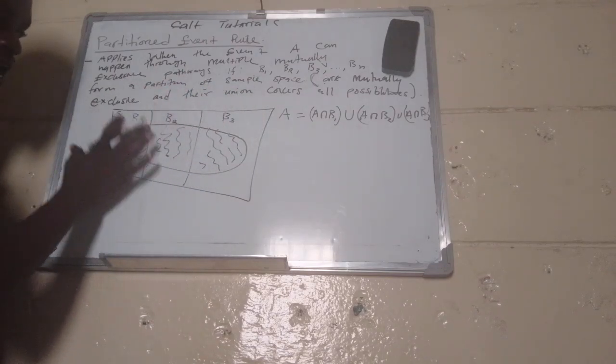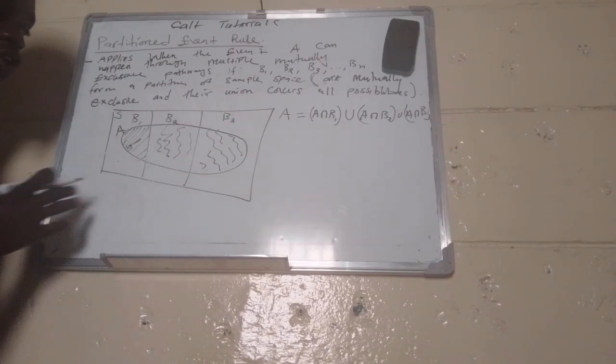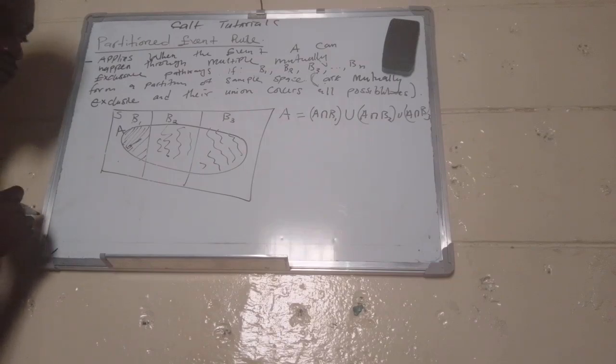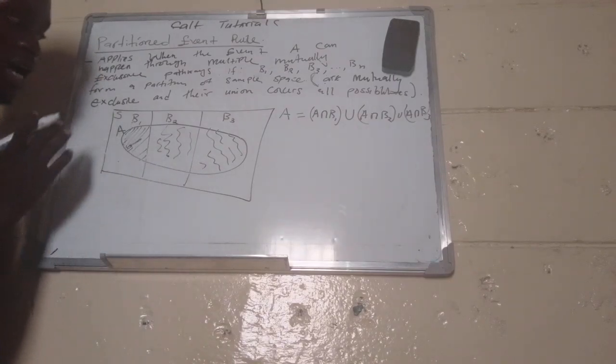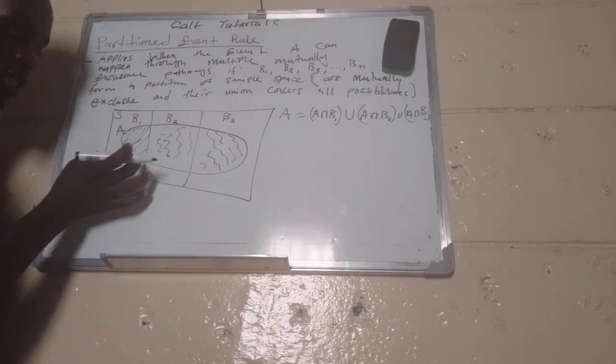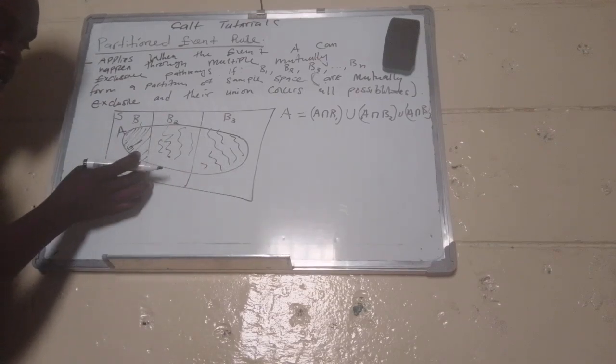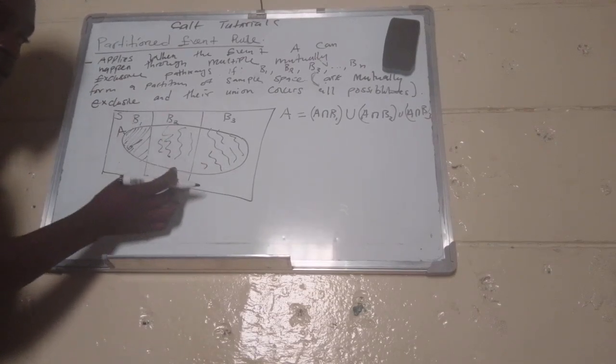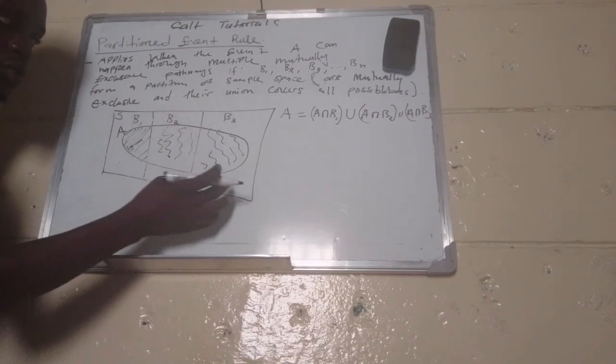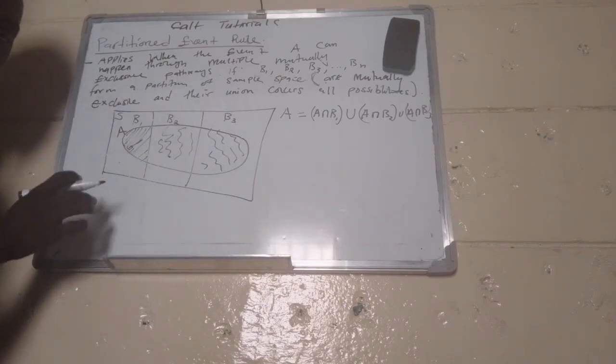This whole Venn diagram, or this rectangle box, represents the sample space, which has been divided into partitions. Partition 1 we call B1, partition 2 we call B2, and partition 3 we call B3.